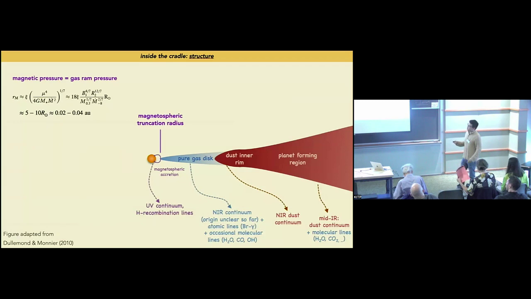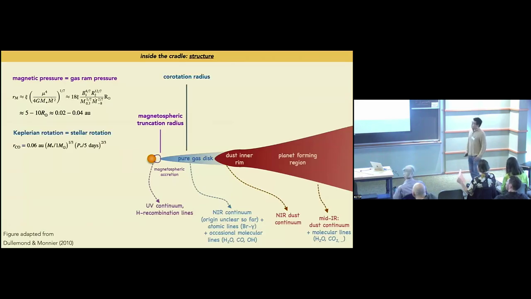So don't worry about all the symbols and parameters, but the important thing here is that for a given magnetic field strength, given stellar radius, given stellar mass, and given accretion rate, you get something like 0.02 to 0.04 AU, and of course you can scale things, right? The next is the co-rotation radius.